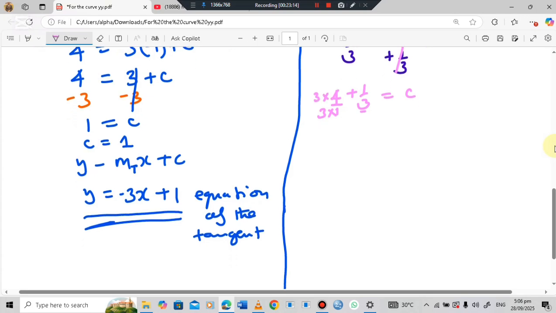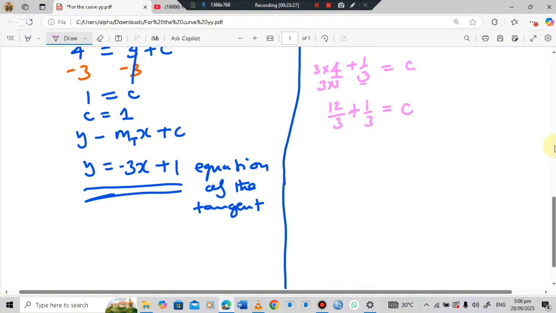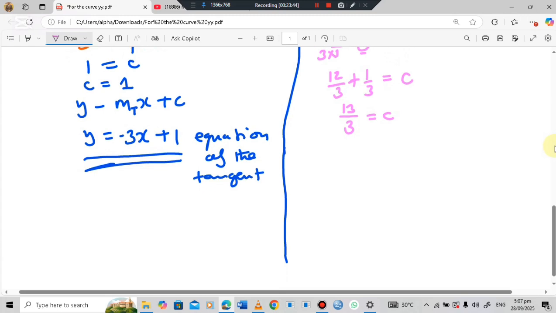All right. So we are having 3 times 4 is 12/3 plus 1/3. All right, is equal to c. So you can see that the denominators are the same. Because the denominators are the same, we can now add the numerators directly. So we'll just write the denominator 3 and add 12 plus 1, which is 13. So c is equal to 13/3.